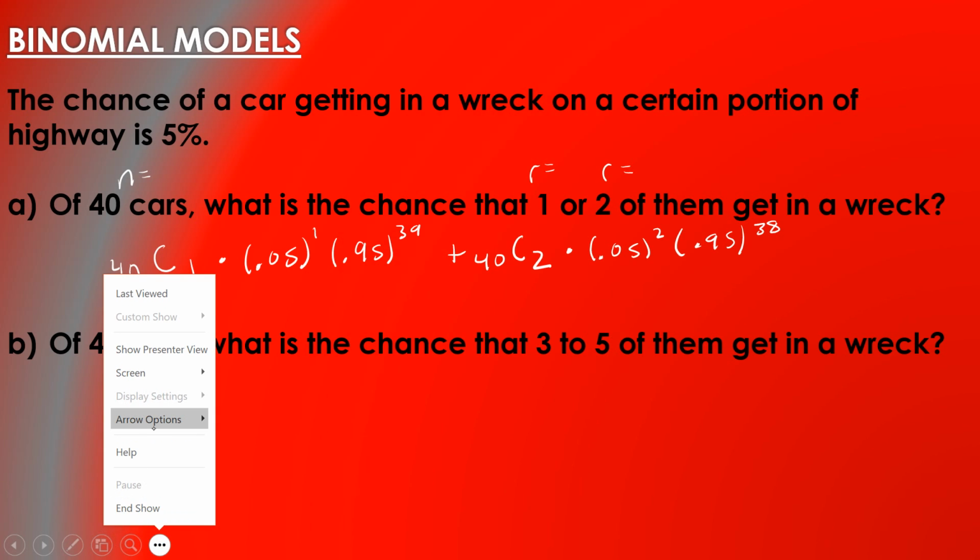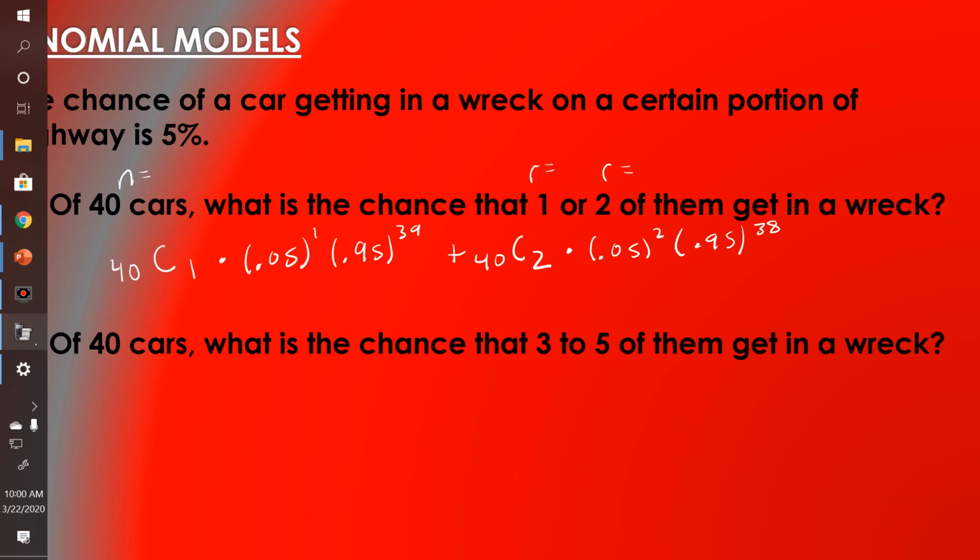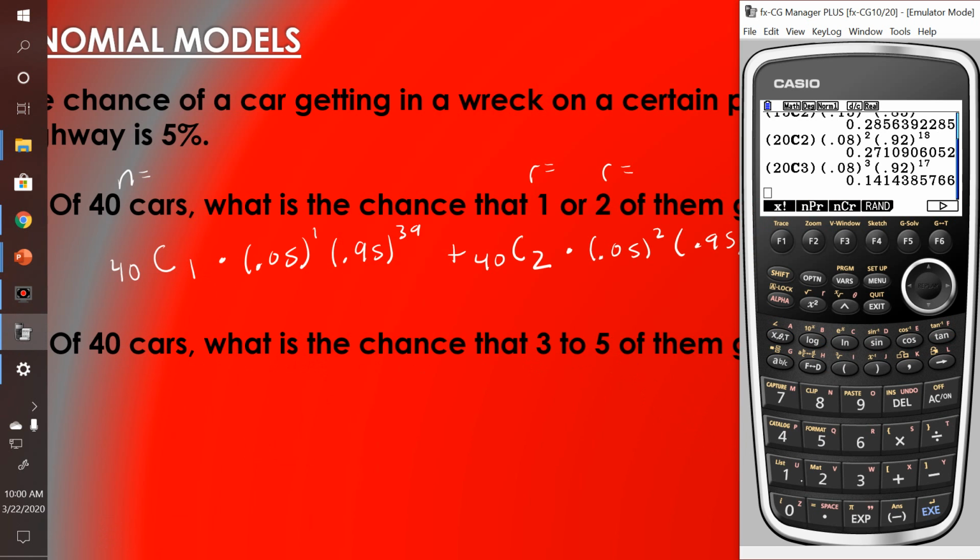So let's go ahead and find out. So we are going to do 40 choose 1 of them, times 0.05 to the 1, so I'm not going to need to write anything there, 0.95 to the 39.